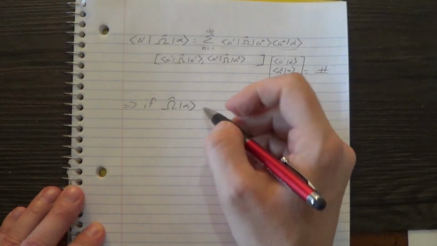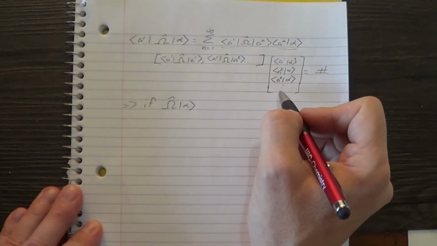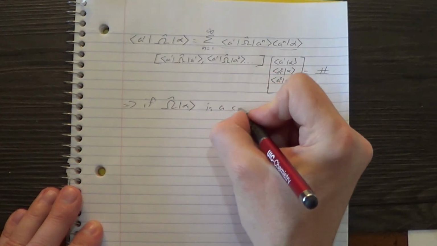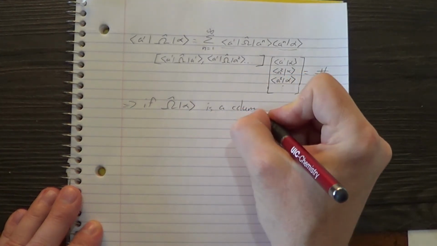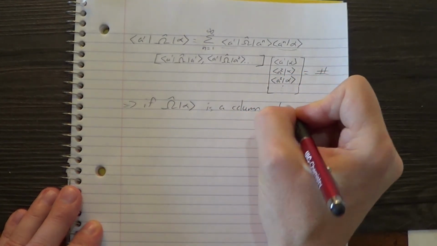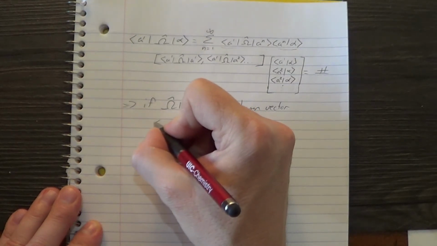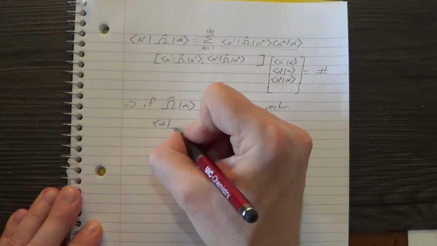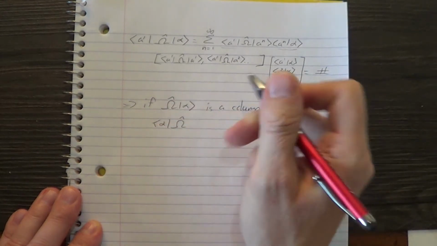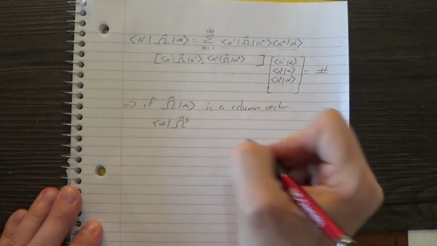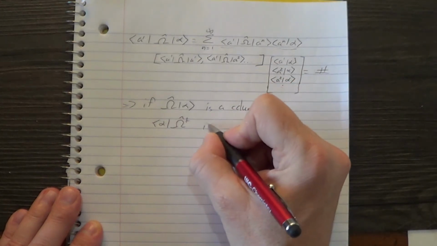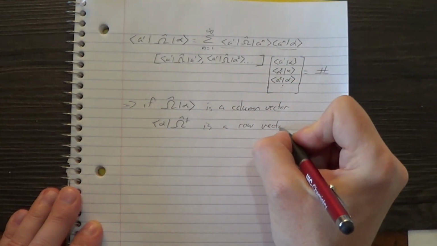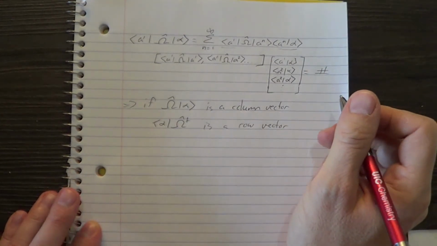Okay, now kets are vectors, column vectors. Then let's do a bra. And I better, okay, had to think about it. I tend to point the thing in the wrong direction. I better do the transpose. A bra is a row vector. Okay, so great.